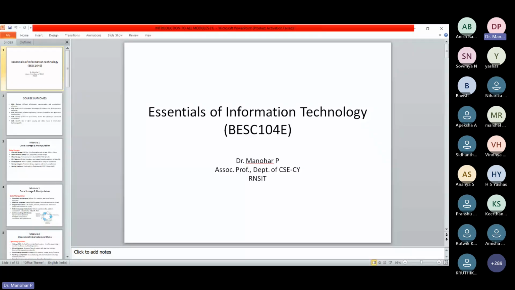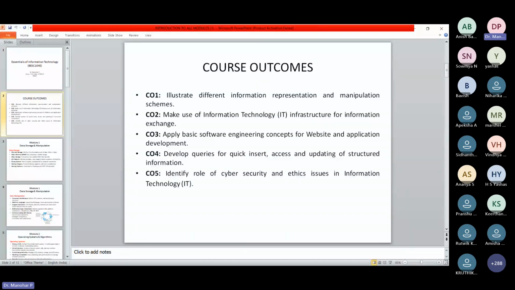These are the course outcomes. The first outcome tells you how information can be represented and how data can be manipulated through various manipulation schemes. Course outcome 2 is using the IT infrastructure. IT infrastructure includes hardware, software, and other resources.